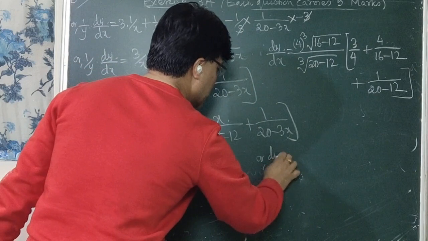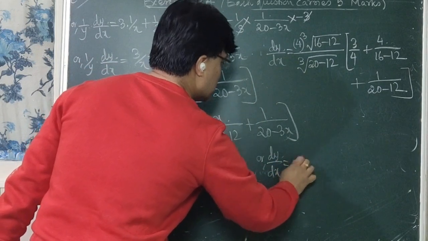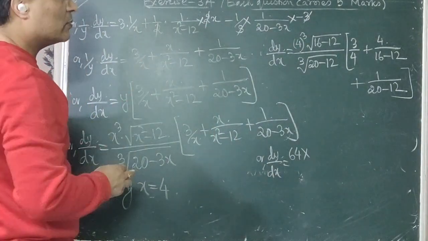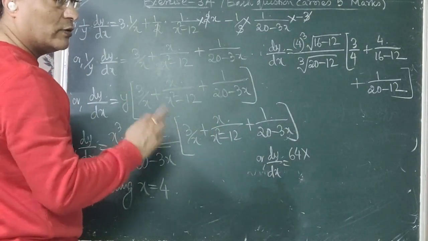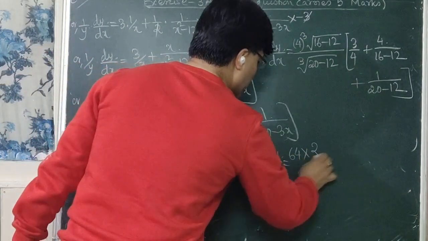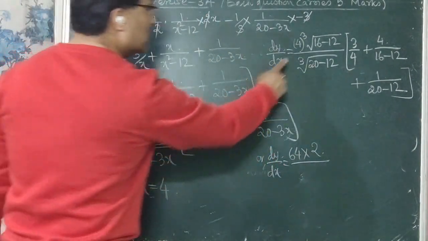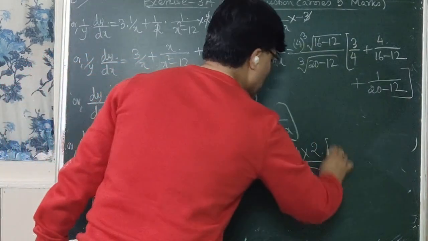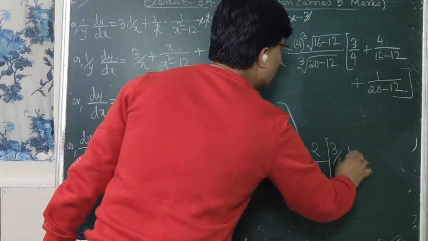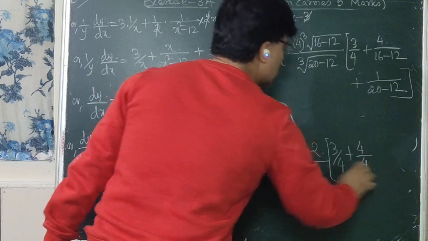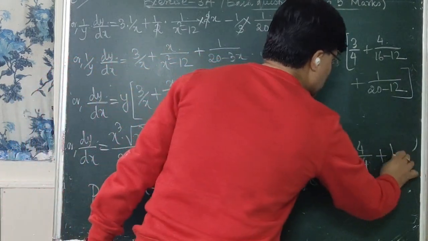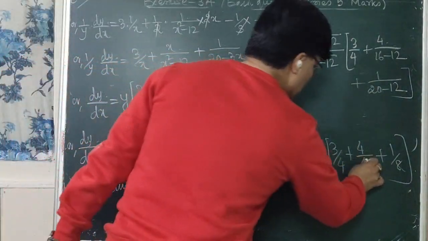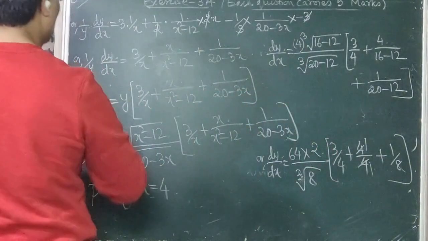So now let us simplify it. dy by dx is equal to 4 cube is 64 into square root of 16 minus 12, that is square root of 4, that is 2. Similarly divided by cube root of 8. Within third bracket, 3 by 4 plus 4 by 16 minus 12 is 4, plus 1 upon 8. Let us simplify it. So 4 ones are 4, 4 ones are 4.